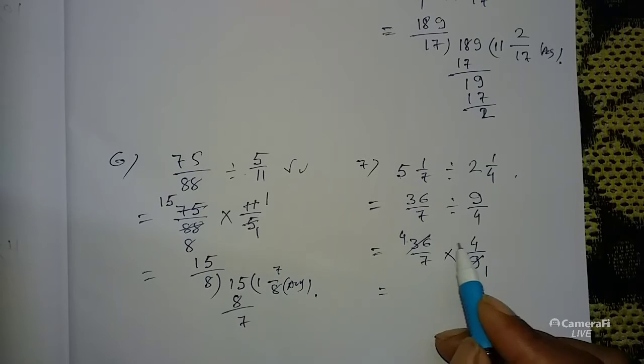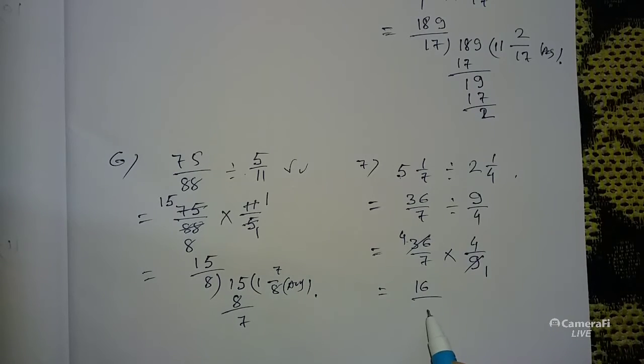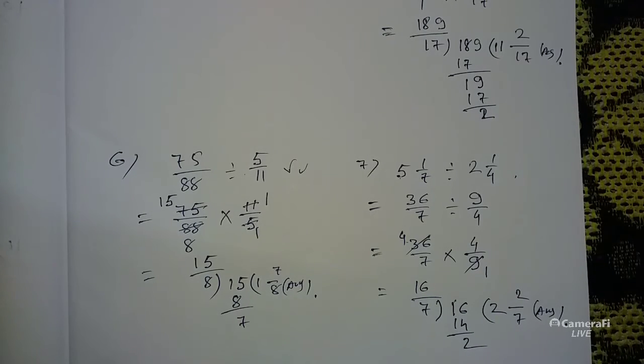Multiply the numerators, 4 multiply 4, 16 by 7. So 16 by 7, convert it into a mixed fraction. 7 2 is 14, 2 is the remainder, so 2 whole 2 by 7 is the answer. Okay.